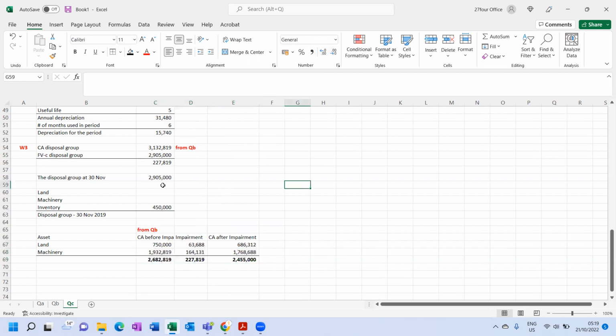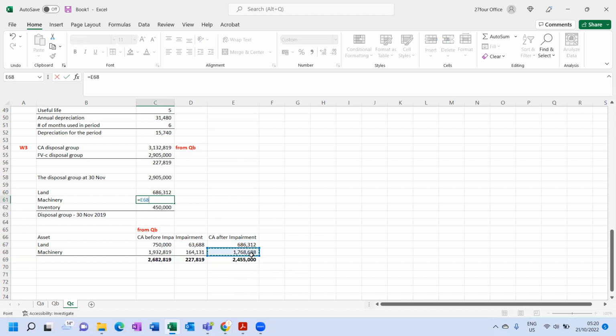Okay, so if we put in the land it would be that amount, and the other would be that amount. Okay, working for. So if we add this up, you would see it will come to the 2905.